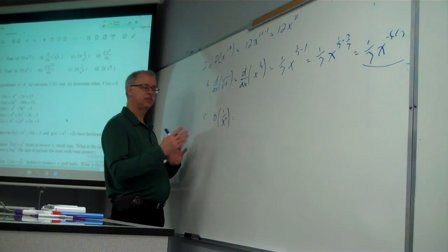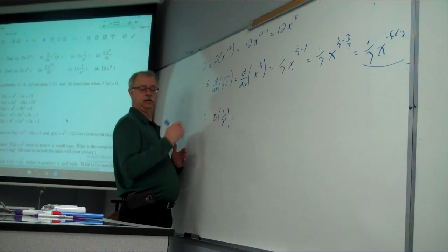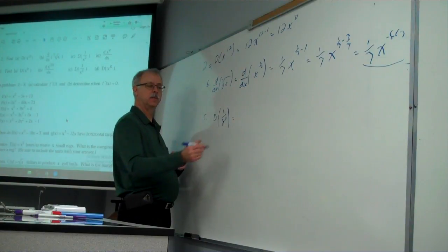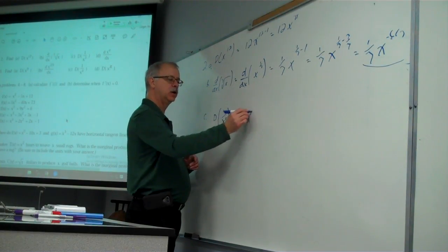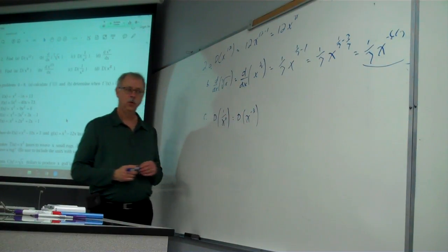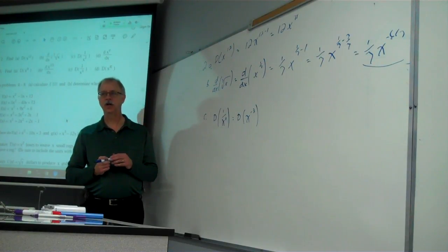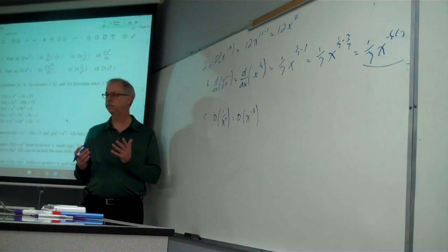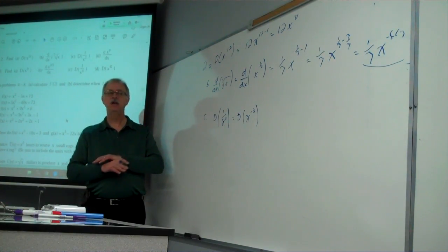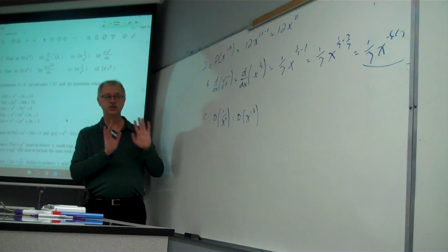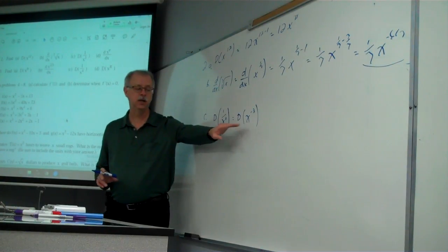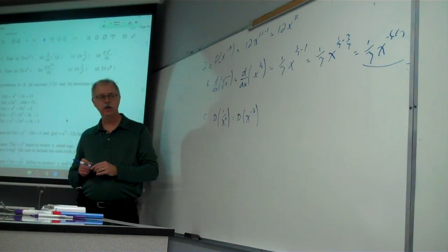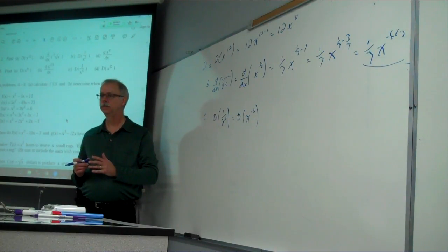Most of the time in algebra, we want to write expressions like this, but there is another form we could write this expression. We could use a negative power. 1 over x cubed is x to the negative 3rd. And so again, we've not done the derivative yet, we've just changed the form of our function, so now it's a form that we can actually use the power rule on.